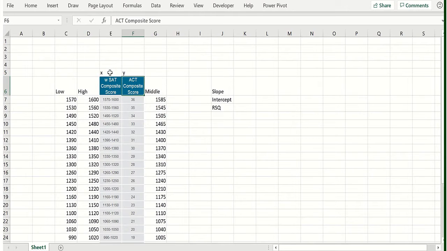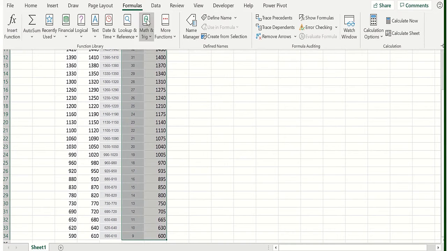So we're going to use the slope, intercept, and r-squared functions, or we can really do a chart if we want to. In other words, I should say we're going to make this x and this y, looking at what ACT corresponds to this score on the SAT. So what we're going to do is name these ranges.